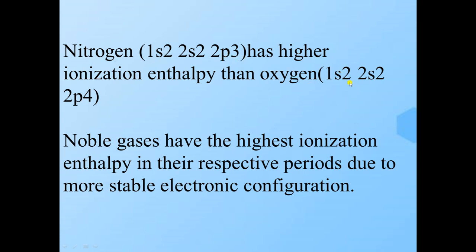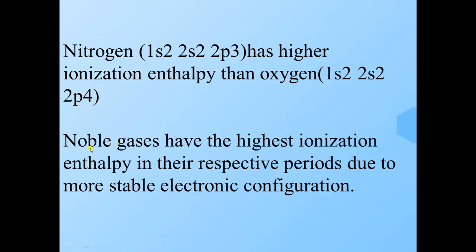But in case of oxygen, 4 electrons are present in the p orbital, so it is neither half filled nor fully filled. So that means this configuration is less stable as compared to the electronic configuration of nitrogen. As it is more stable, more amount of energy is required to remove the electron from the 2p orbital, because an atom will try to be in its stable electronic configuration. So more ionization enthalpy. But here we can easily remove the electron because it is not half filled or fully filled.